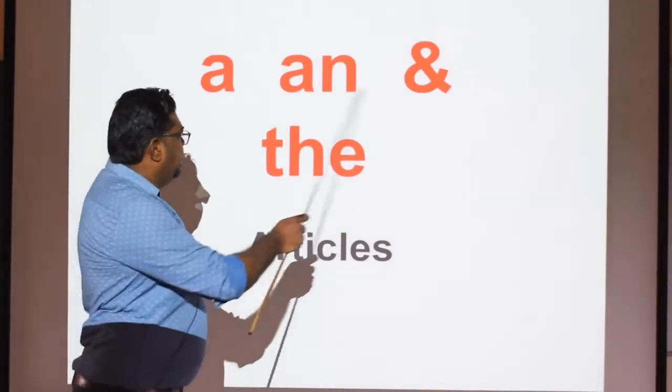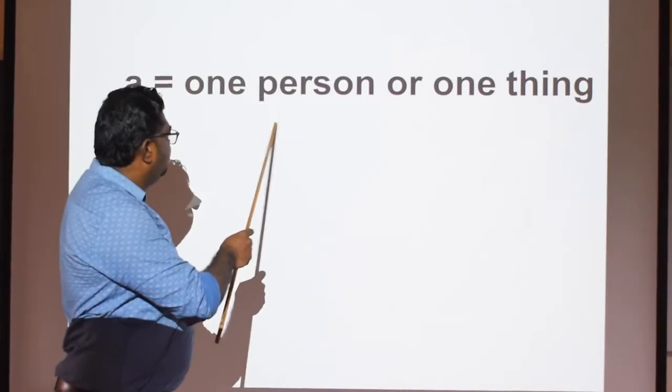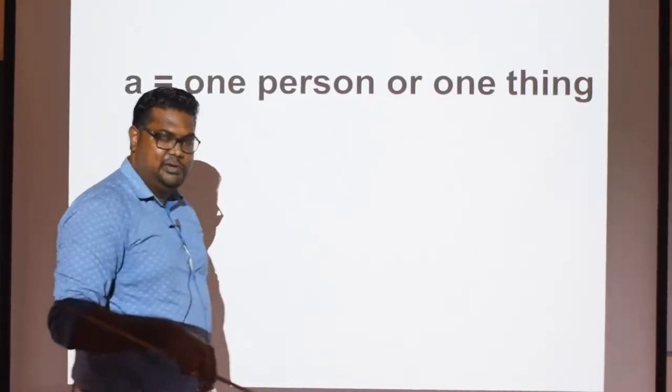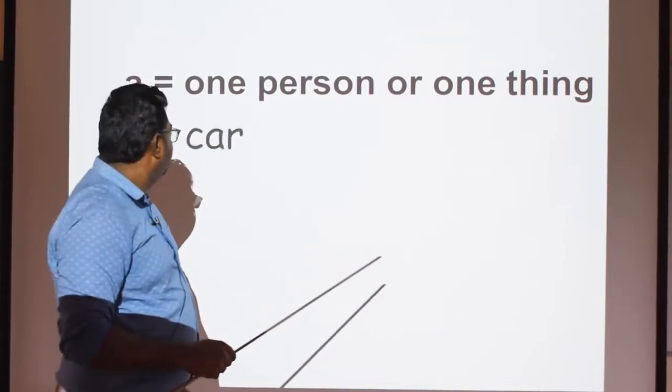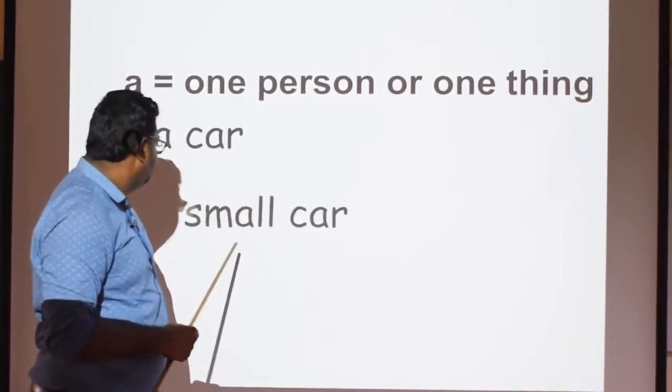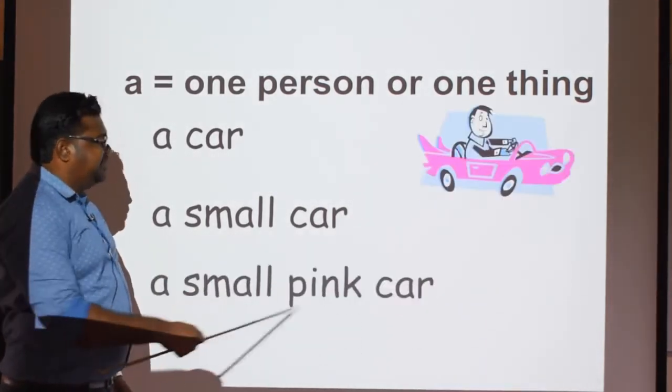Article a, an and the. A is normally used for one person or one thing. When you want to refer to a single person or single thing, we can use a or an. For example, a car, a small car, a small pink car, right?